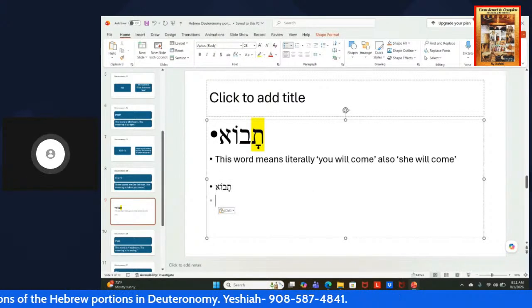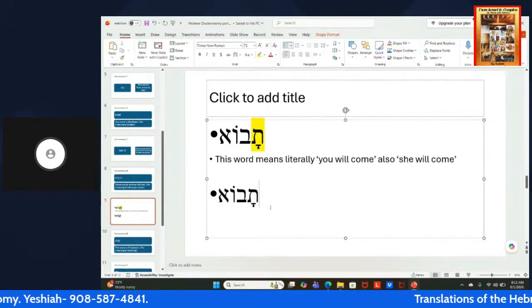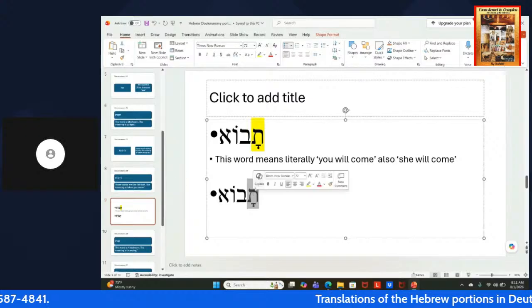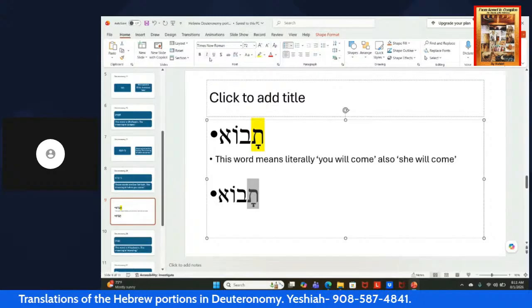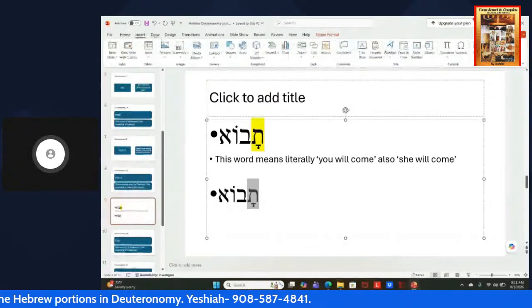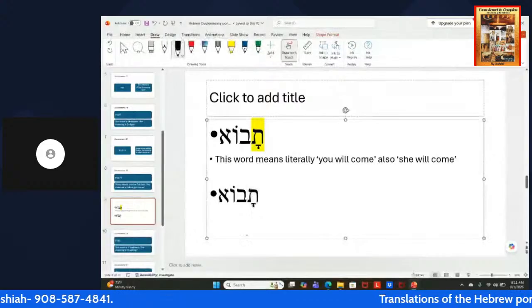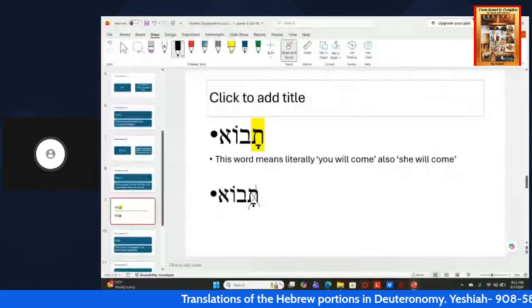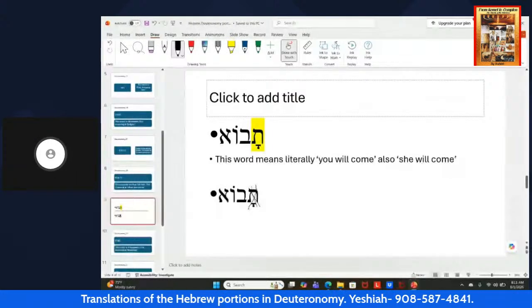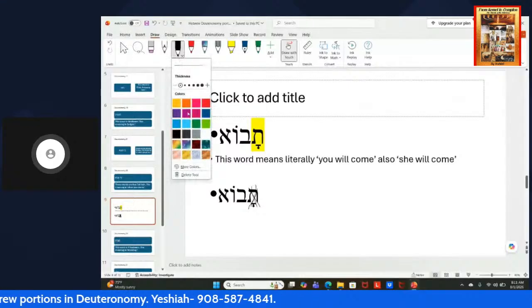This word here, tabo, let's enlarge it and show something about it, if we will. If we were to cross out that tau, just showing that in that particular case.